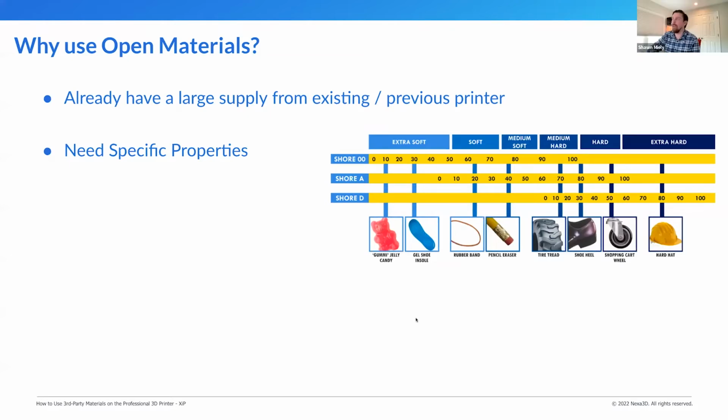Cool. Yeah. And also, you may need some specific properties. One of the benefits of being able to run open source is, currently there's a limited amount of flexible validated resins. So you can actually find other sources of those flexible resins, either directly from Henkel or directly from BASF.